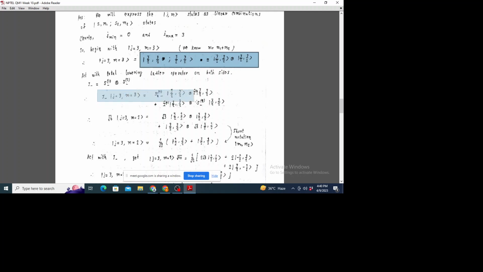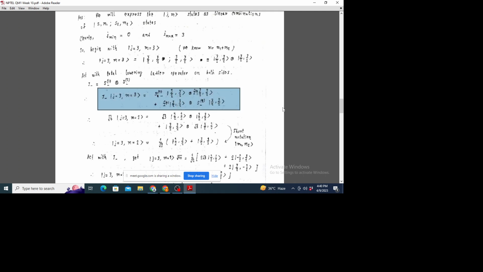And the direct sum acts on this like this. S1 minus acts on the state of particle 1, and identity acts on the state of particle 2, plus identity acts on the state of particle 1, and the lowering ladder operator of particle 2 acts on the state of particle 2.